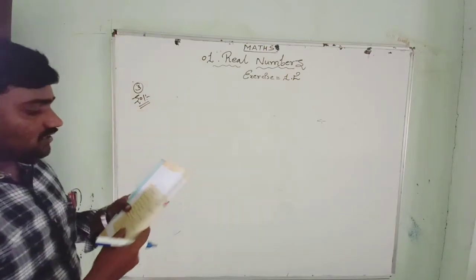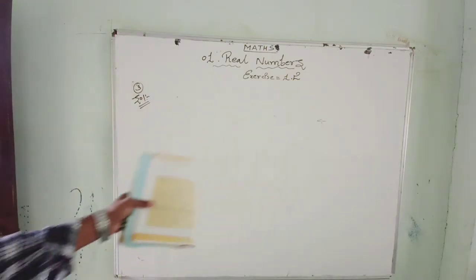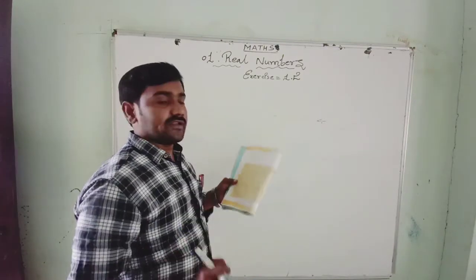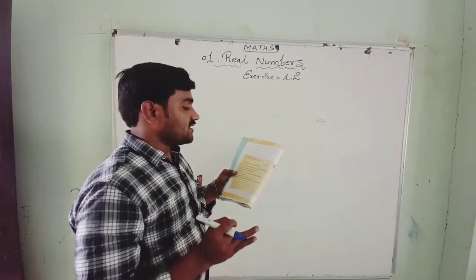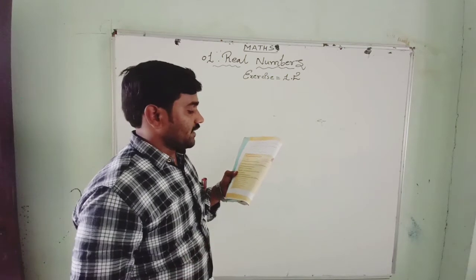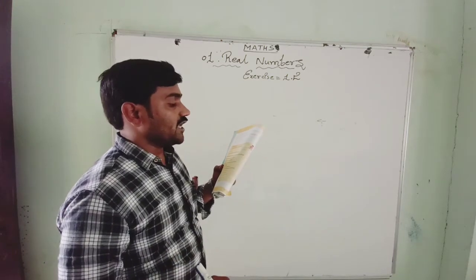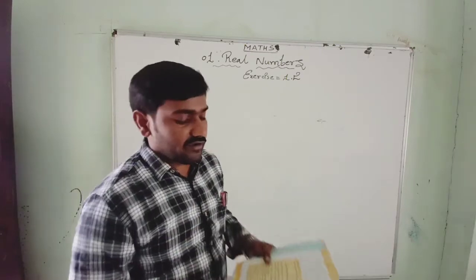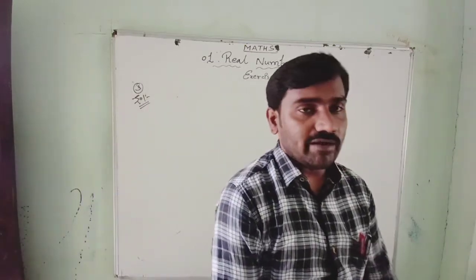Then the third question is that, yes, now find an irrational number between 5 by 7 and 7 by 9. How many more there may be? Find an irrational number between 5 by 7 and 7 by 9.